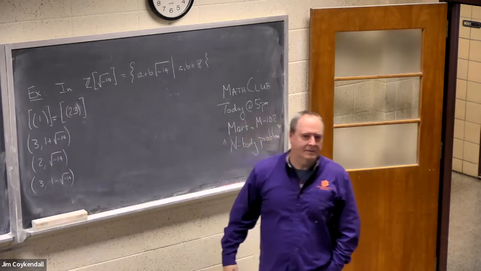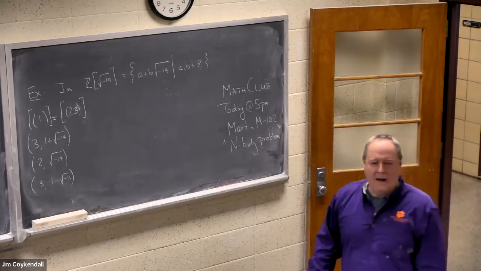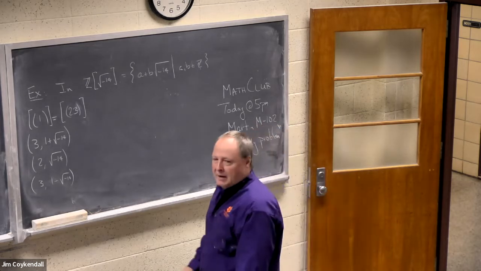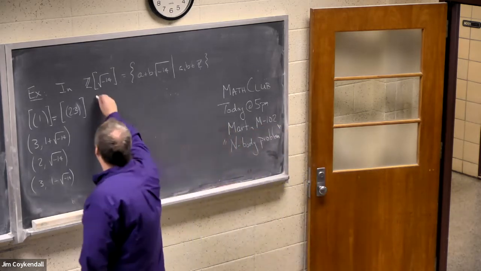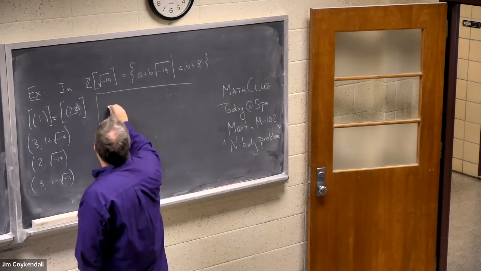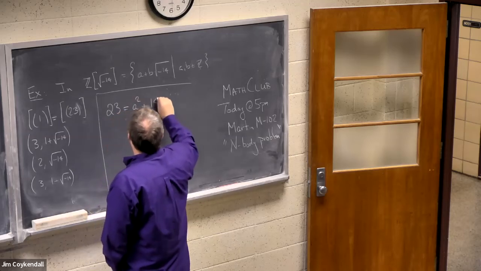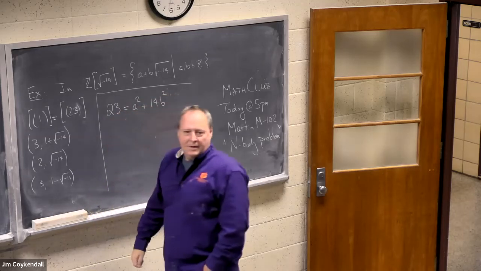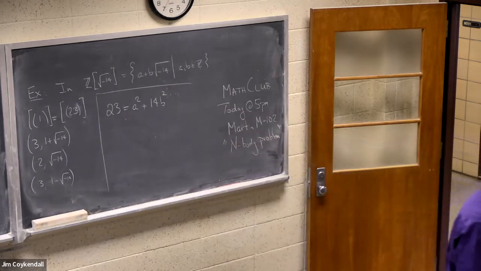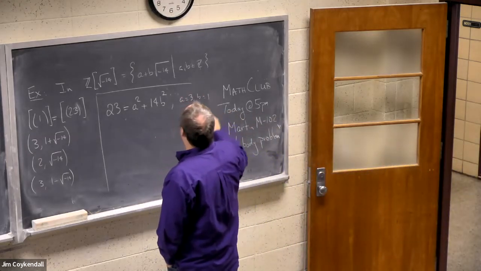Anybody know how? I haven't given you enough to get it, but I've given you enough information to make a suspect. You write 23 as 3 squared plus square root of 14 squared, for example.